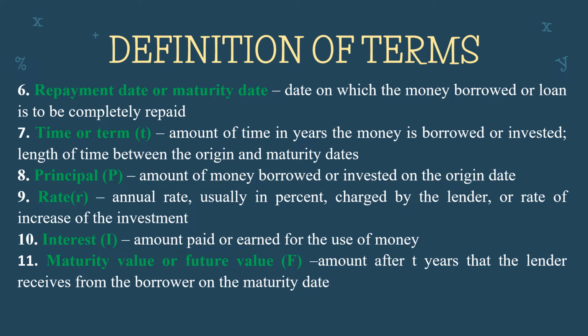So 50,000 is your principal, then the computed interest on that specific term, that is 50,000 plus the computed interest, that is the maturity value or the future value. So, we're done with the different terms. Pakitandaan po yung mga symbols din so we can apply in solving.